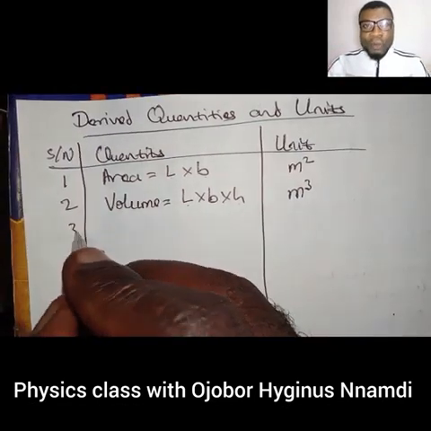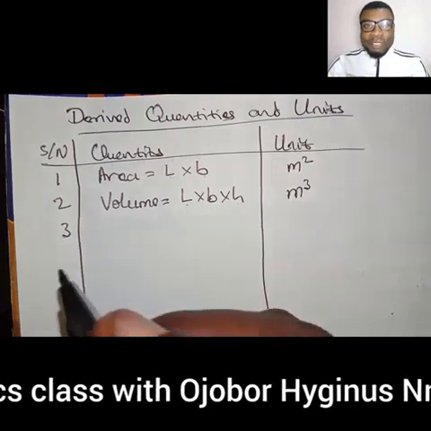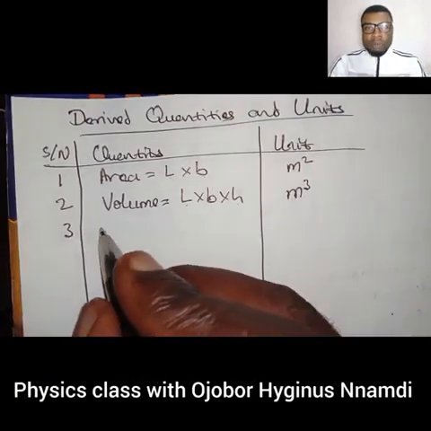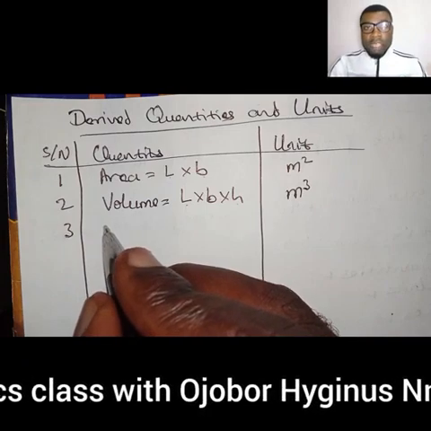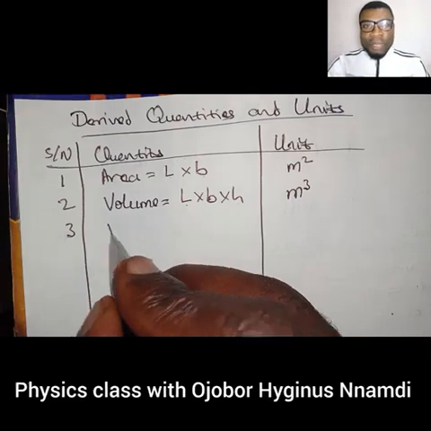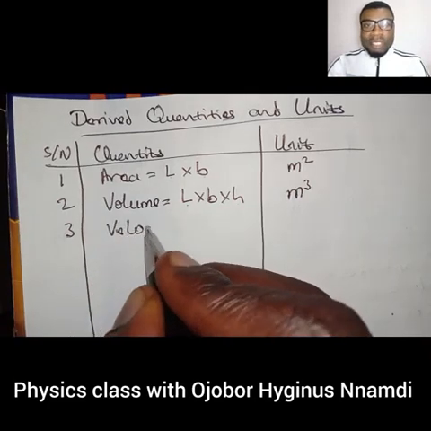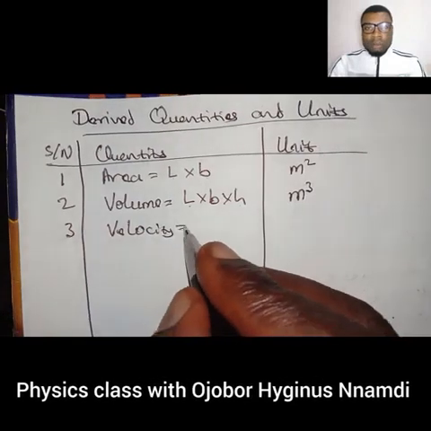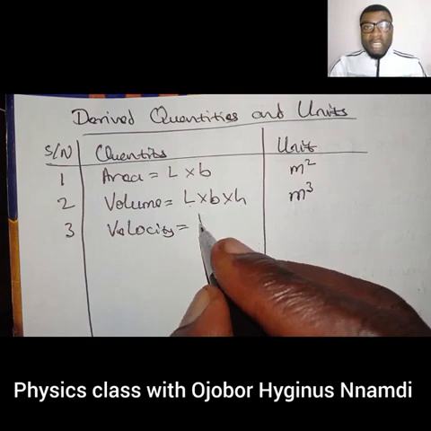Then we look at another physical derived quantity, let's say velocity. For instance, velocity is a derived quantity which by definition is displacement over time.